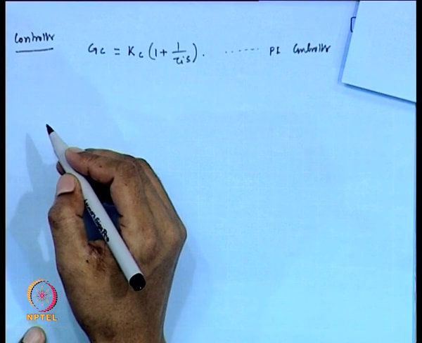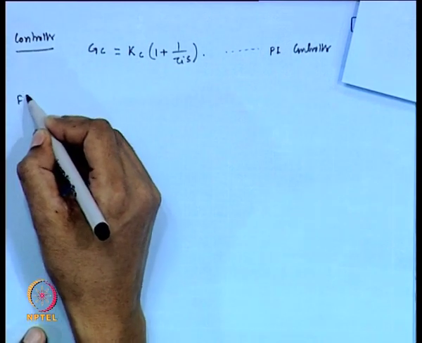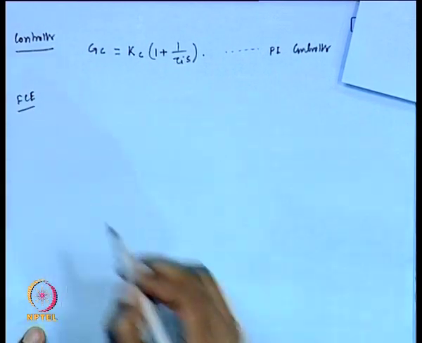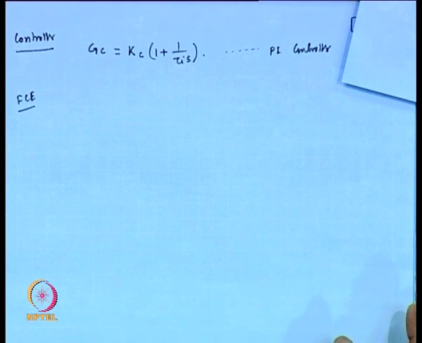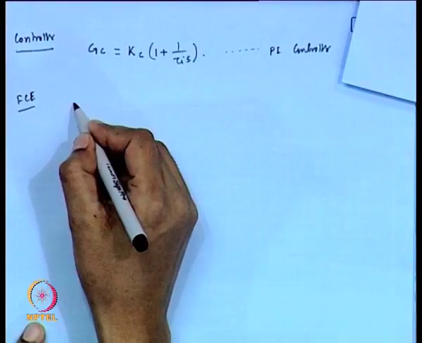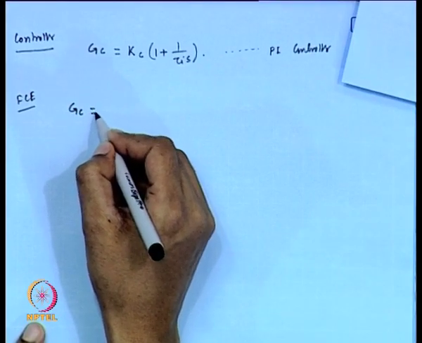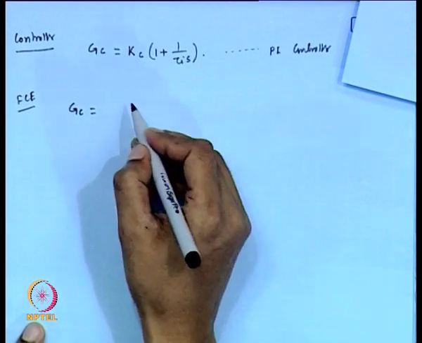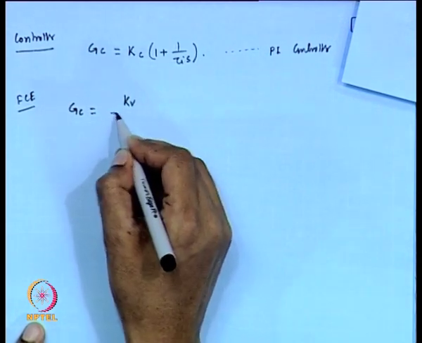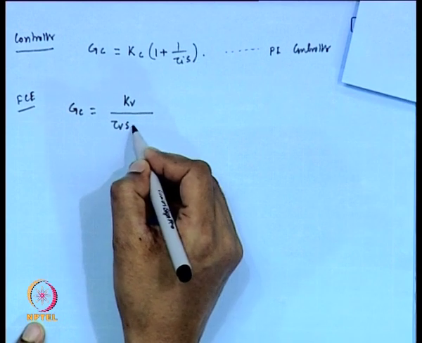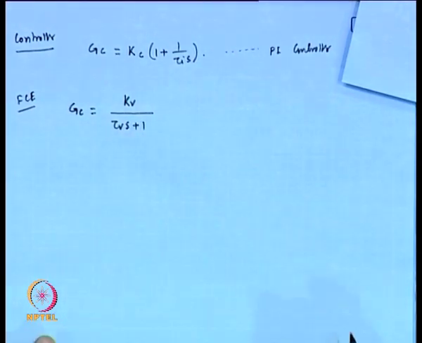Another element is the final control element. Assuming first order dynamics of the control valve, we can write the transfer function as G_f equals K_v divided by tau_v s plus 1.